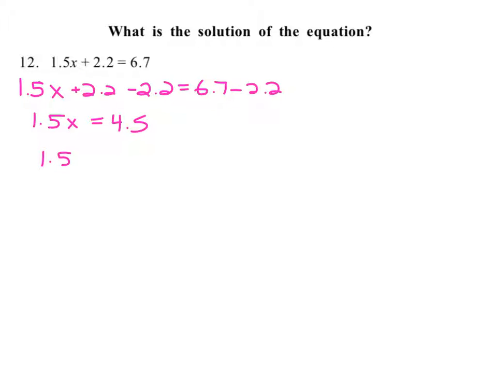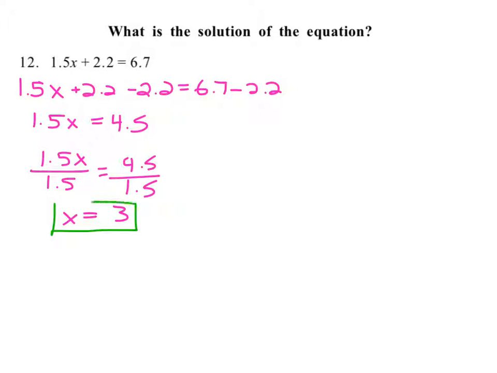We need to undo that with divided by 1.5. And we find that x equals, I know that 1.5 times 3 is 4.5, so that's 3. That's where I'm comfortable with numbers, I know multiples and things like that, makes things real fast.